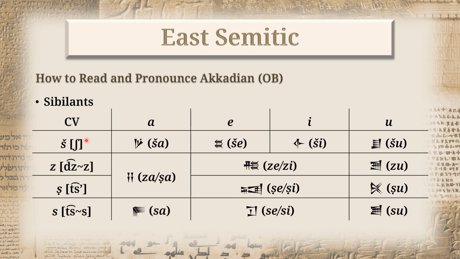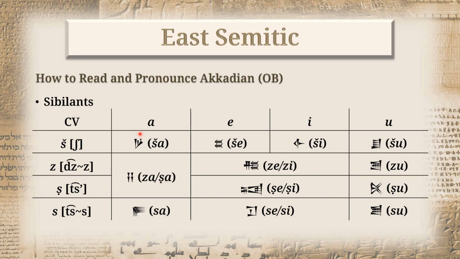So forget the way I pronounced it in my most recent old videos from 2016 or something, but actually these 4 signs are to be pronounced sha, she, shi, shu in Old Babylonian. In Assyrian, they were probably pronounced sa, se, si, su, and also in Old Akkadian, but not in Old Babylonian.